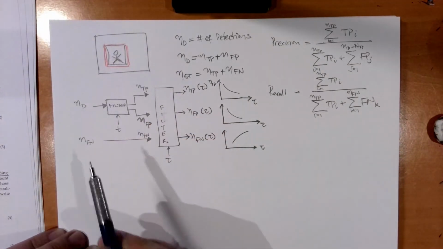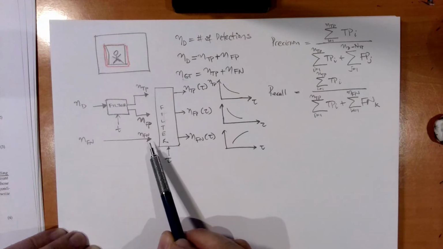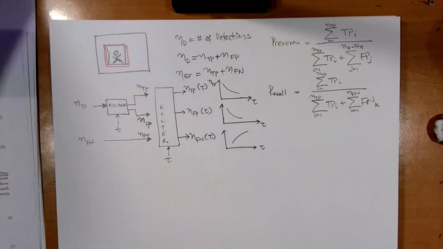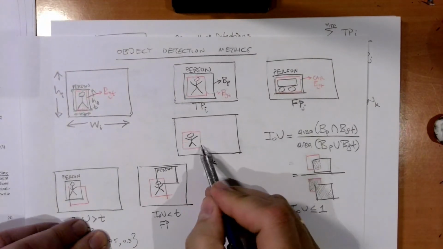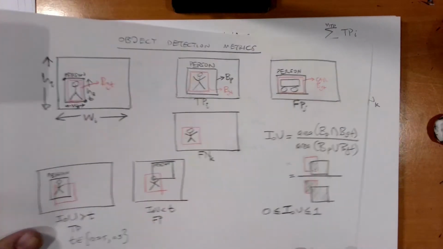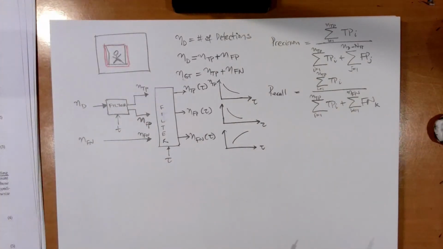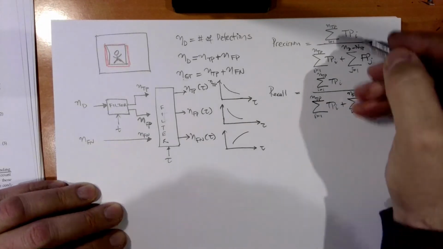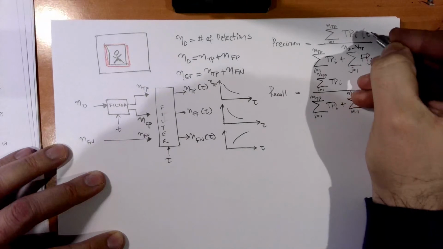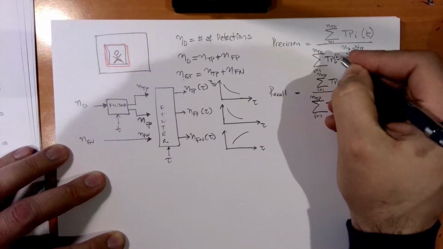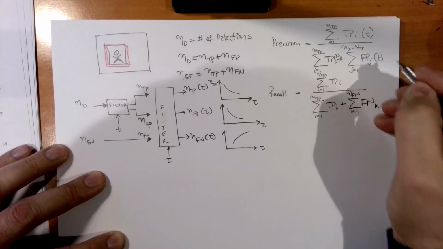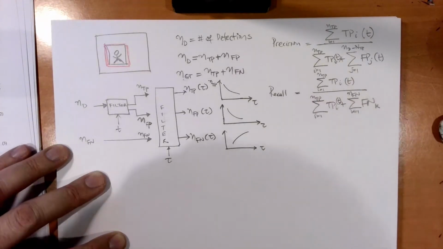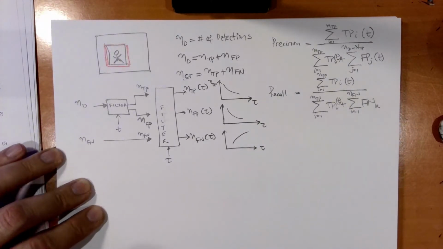The false negatives are unaffected by t, because in the false negative situation, as we have seen, there is absolutely no detection, and therefore there's no point in comparing something we don't have against an IoU threshold. So I can insert this as a parameter in all the true positives and false positives, and make my equations like this for precision and recall.